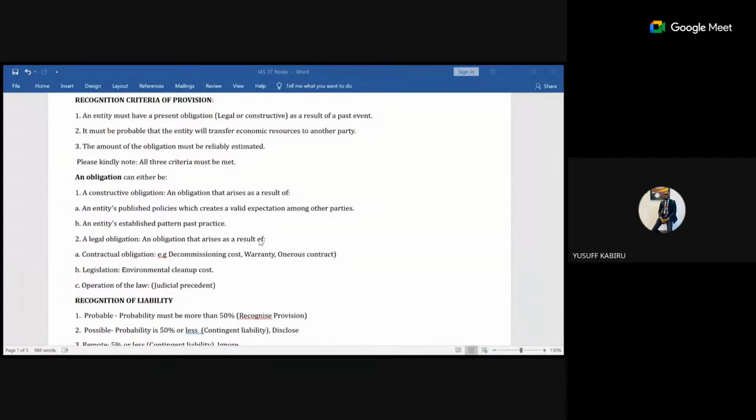Some banks usually publish policies that, for example, any best graduating student with a first class in the Department of Accounting in Unilag, that bank is going to sponsor his or her master's degree, or give that person an automatic job. This is just an example.